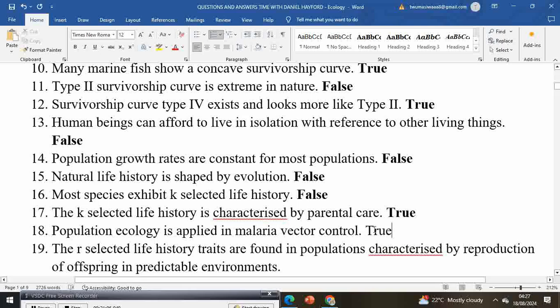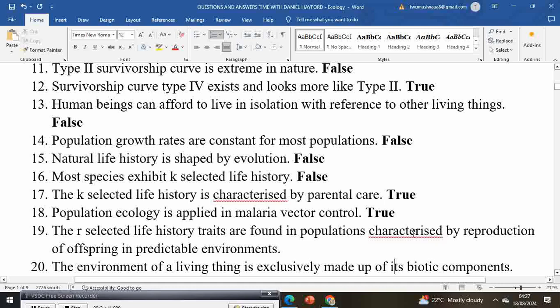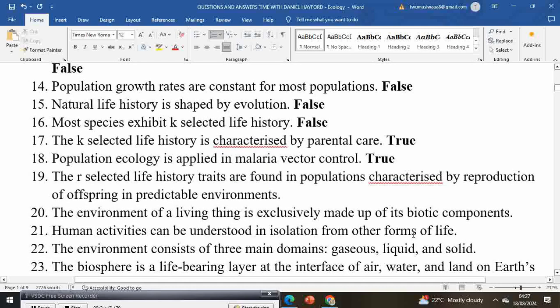This one too is true. The malaria control experts really make use of information which is generated through population ecology to plan and implement malaria control programs.